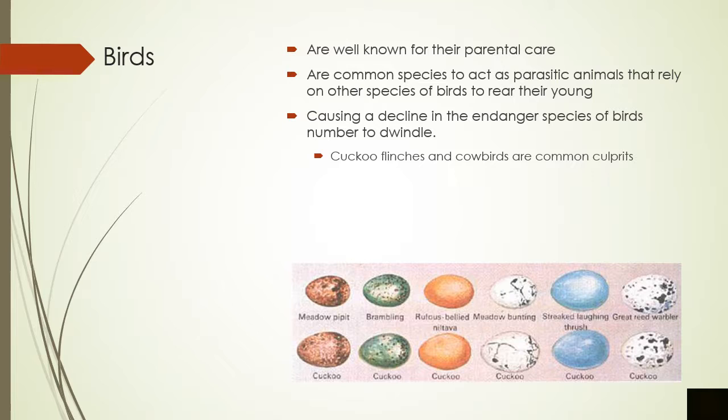And they are also a common species to act as a parasitic animal that relies on other bird species to take care of their young. Because of parasitic birds, such as the cuckoo or the cowbirds, a lot of endangered species of birds start dwindling in number.